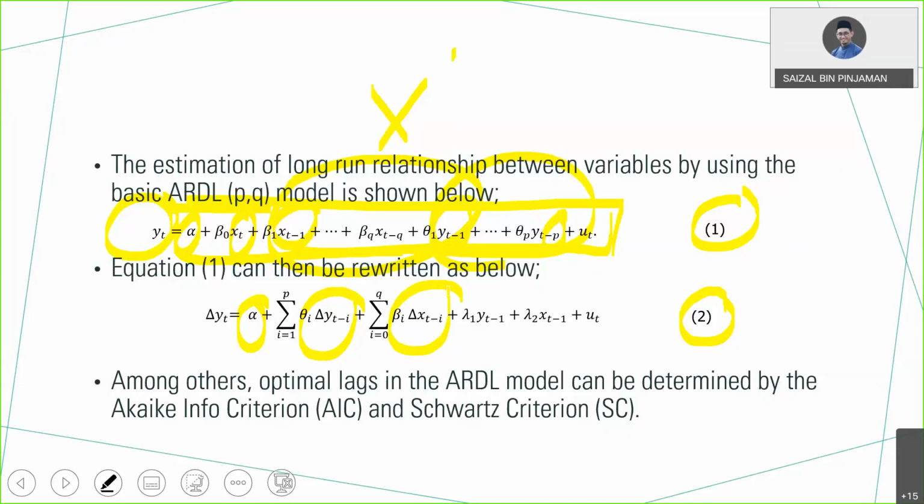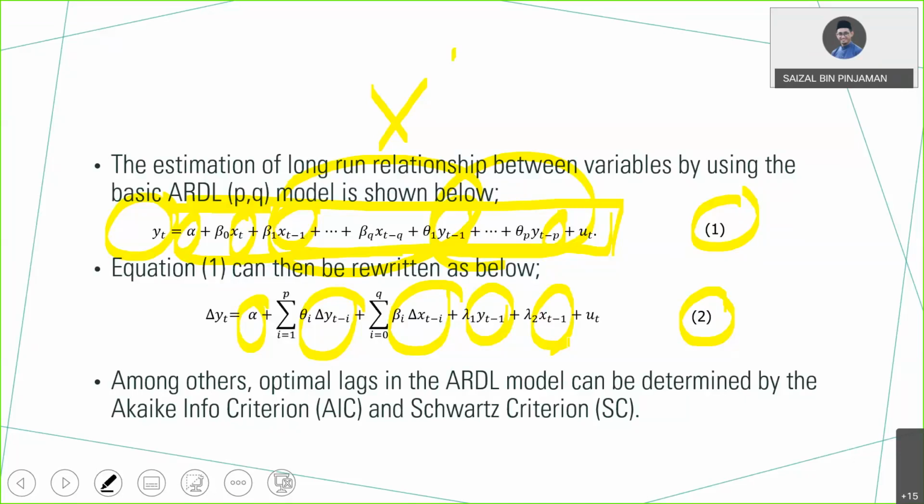And we also include the lag value of y, which is the lag value of the dependent variable, and then the lag value of the independent variable.